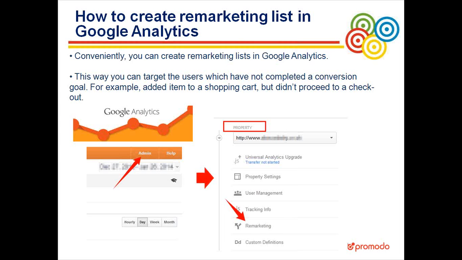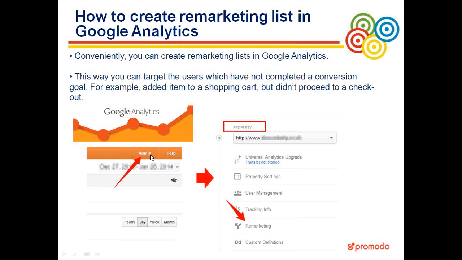It could be visiting a certain page, for example, a thank you page, or a page with your pricing, registering for an event or newsletter sign up. So by this characteristic, by what conversion goal has been achieved by a certain visitor, you can segment the audience.